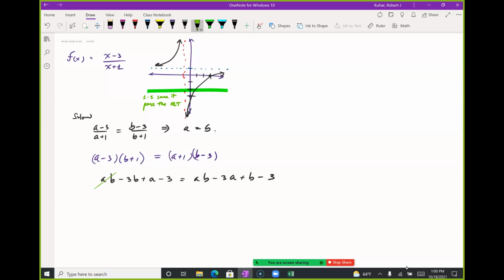So it looks like my AB's cancel and my 3's cancel. So I have minus 3B plus A equals minus 3A plus B. And I want to get all my apples on one side, all the bananas on the other, right? So if I move the A's left, I get 4A, and the B's right, I get 4B. So I get A is B. Yes, 1-to-1.